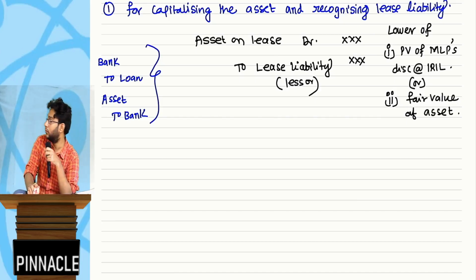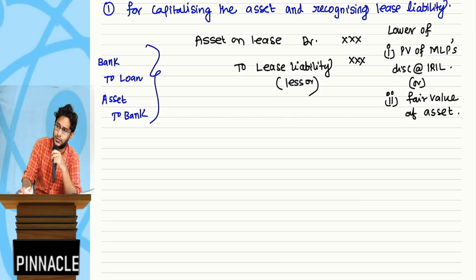So the standard gave you a guidance that whatever MLPs the lessee has, all those MLPs you discount to today, one present value will come, a present value to record the entry.